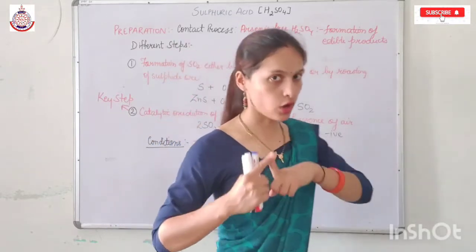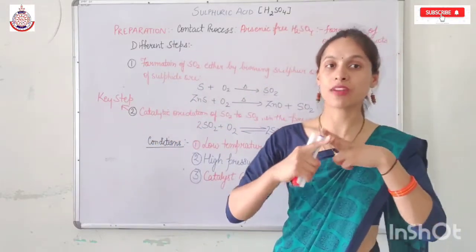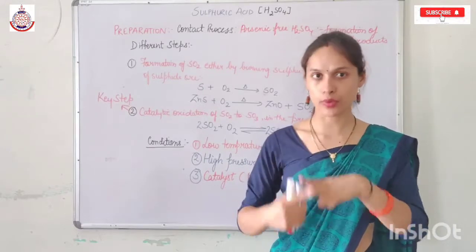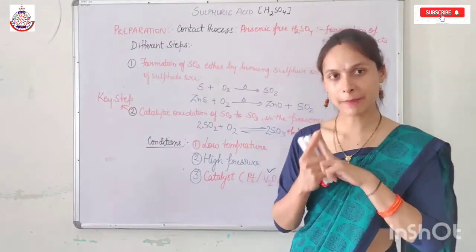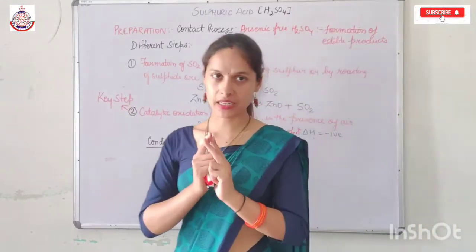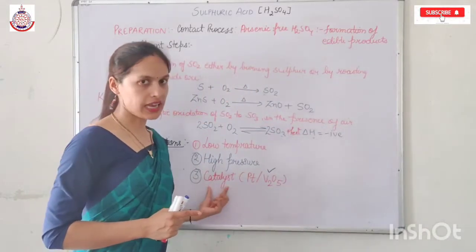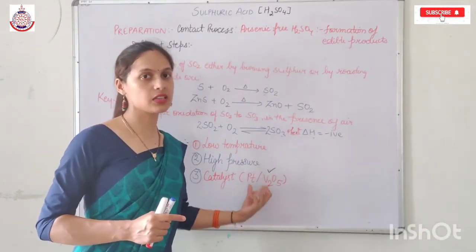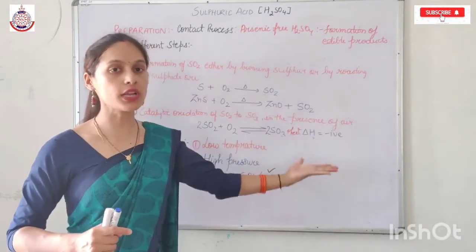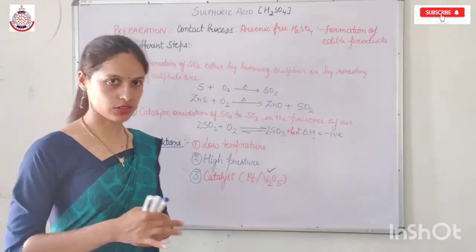So because of the cost and the resistance to arsenic impurities, we prefer vanadium pentoxide over platinum. So the third is the catalyst, so that we get a good yield of sulfur trioxide.